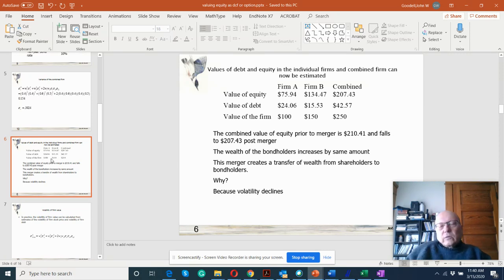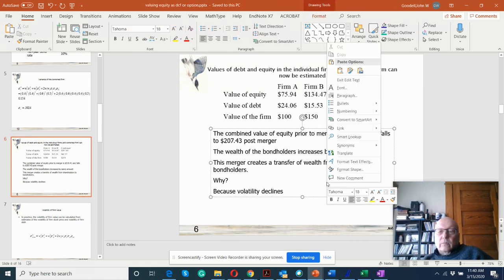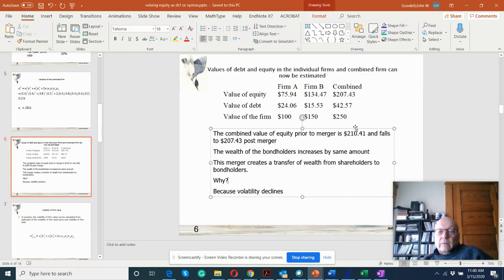So we have to do the Black-Scholes three times, and I don't do it here, but I would really think it would be a great idea if you could do that at home and see if you get the same answers. And you get that A has this equity, B has that, but the combined equity is not A plus B. That would be 210.41. Oops, I'm messing things up here.